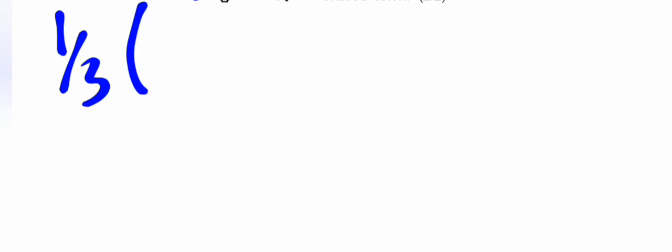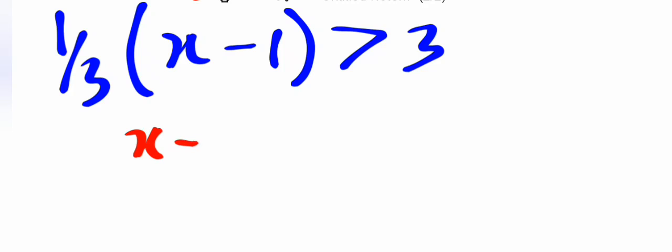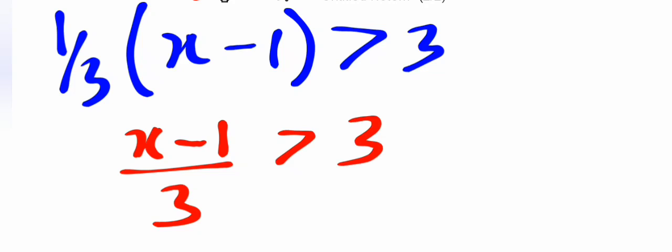Next, solve 1 over 3 into bracket x minus 1 greater than 3. This is an inequality here. So we can also write this one again as, this can be written (x minus 1) over 3 greater than 3 over 1.